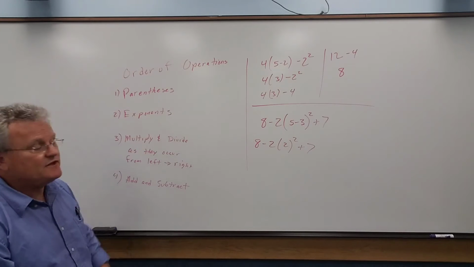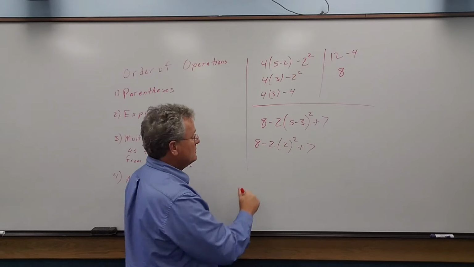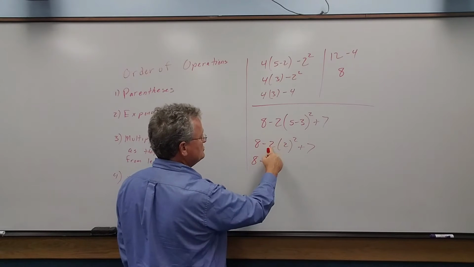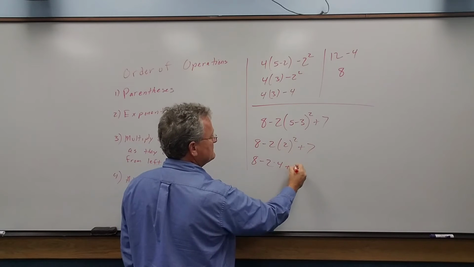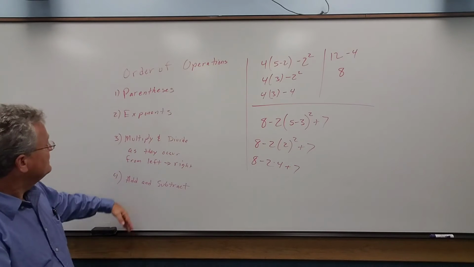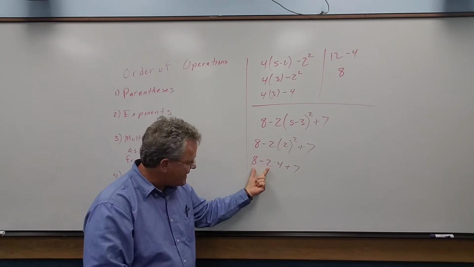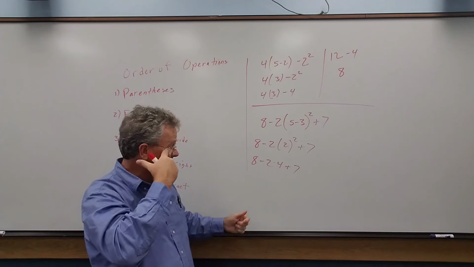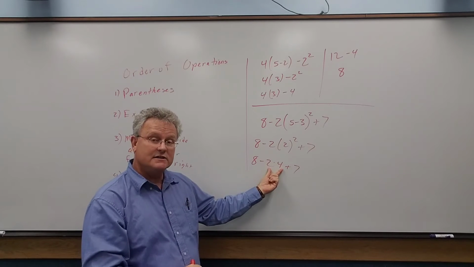Now we evaluate the exponents. 2 squared is 4. So we get 8 minus 2 times 4 plus 7. Next, we multiply and divide. Again, we don't subtract here. 2 times 4 is 8.